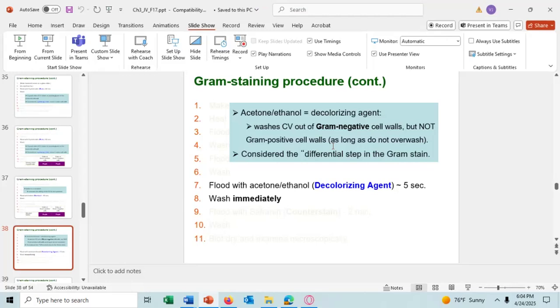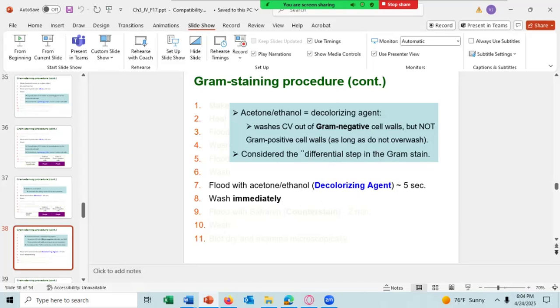And once you see the purple stop streaking, you stop adding the decolorizing agent. And that'll be about 5 seconds. And then you wash that slide immediately with cold water to remove the trace elements of decolorizing agent from the slide, because it will continue to act. Any question about any of that?